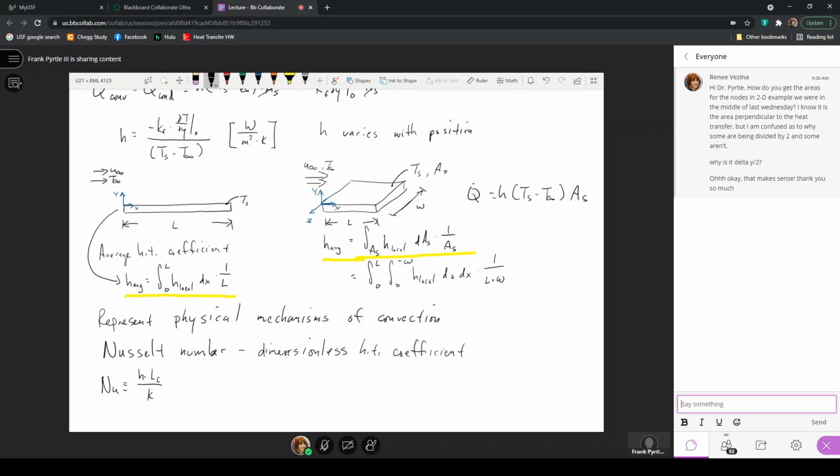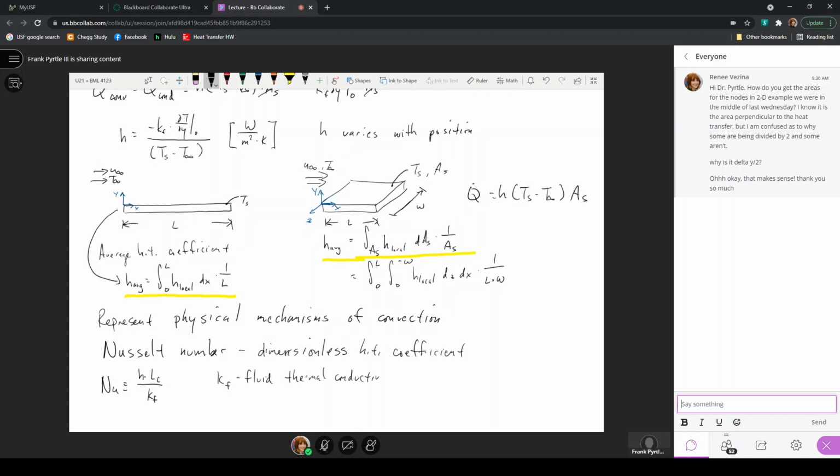Here, the Nusselt number uses a similar representation of a heat transfer coefficient times the characteristic length divided by thermal conductivity, but this thermal conductivity is the thermal conductivity of the fluid. So here, sometimes you'll see k sub f, where k sub f is just the fluid thermal conductivity.